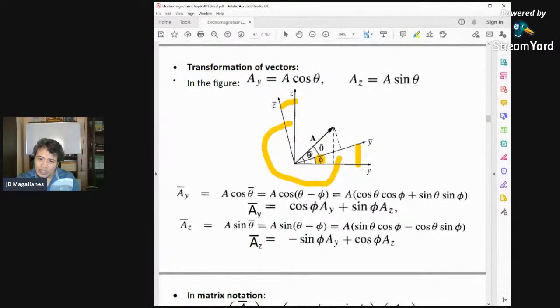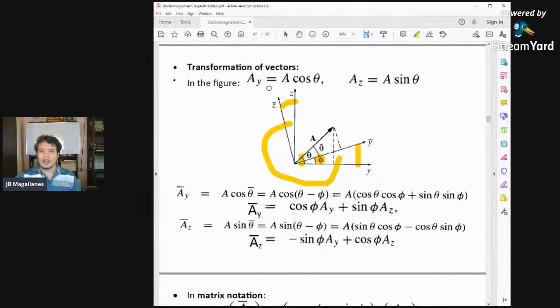The original angle theta of the vector A to y now changes, and to be consistent we call it theta bar. Theta bar is just equal to theta minus phi.